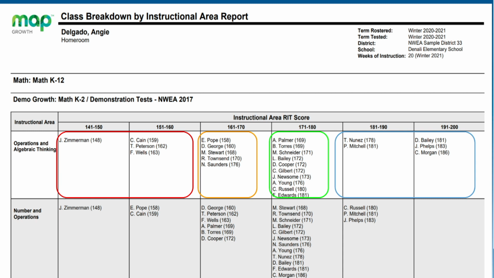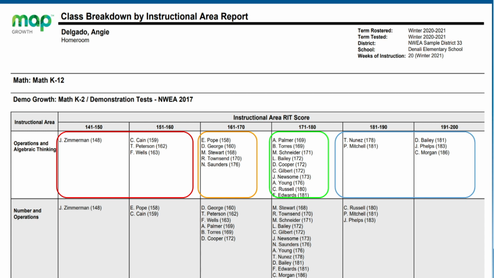Then I have two groups of students kind of in the middle. And then I have another group of students who are scoring at the higher end, maybe are in need of more challenging materials or continuing to develop higher level skills in operations and algebraic thinking.